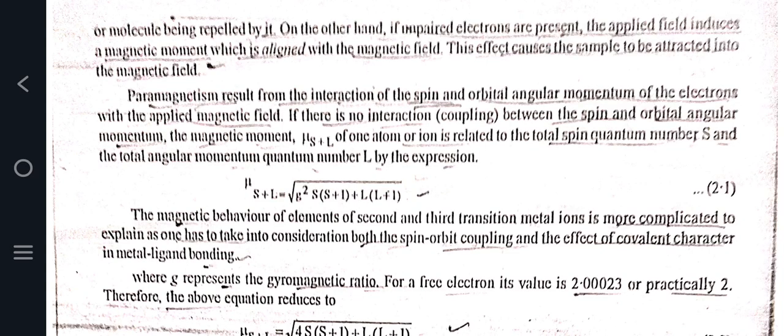Paramagnetism results from the interaction of the spin and the orbital angular momentum of the electron with the applied magnetic field. There is no interaction coupling between the spin and orbital angular momentum. The magnetic moment mu(S+L) of one atom or ion is related to the total spin quantum number S and the total angular momentum quantum number L by the expression mu(S+L) = sqrt(g^2 S(S+1) + L(L+1)).